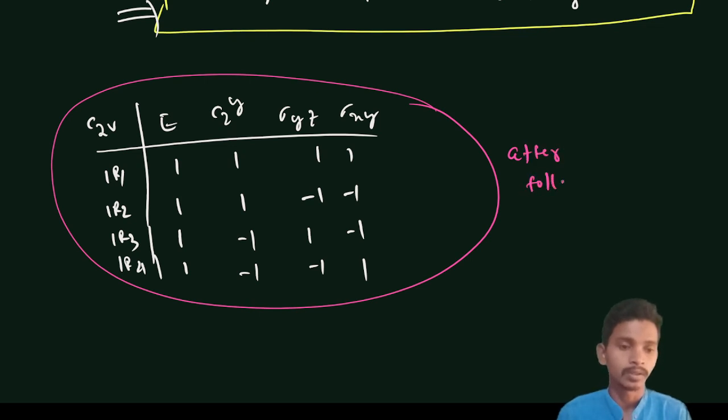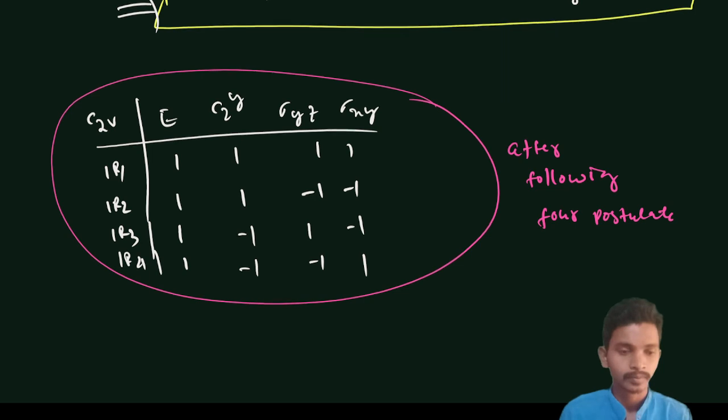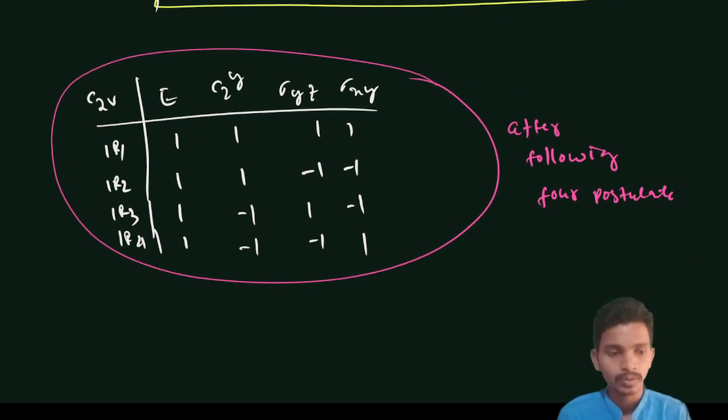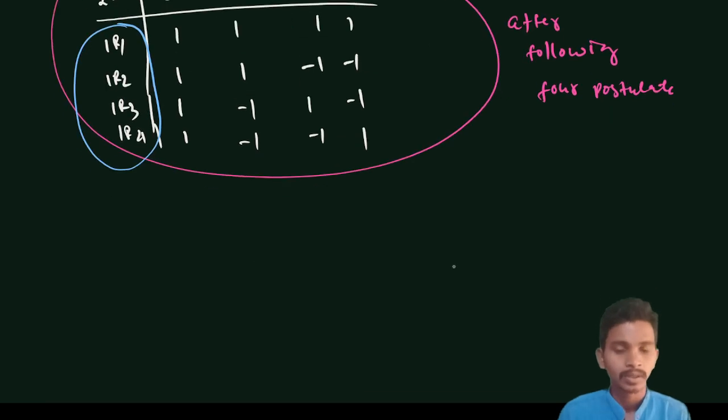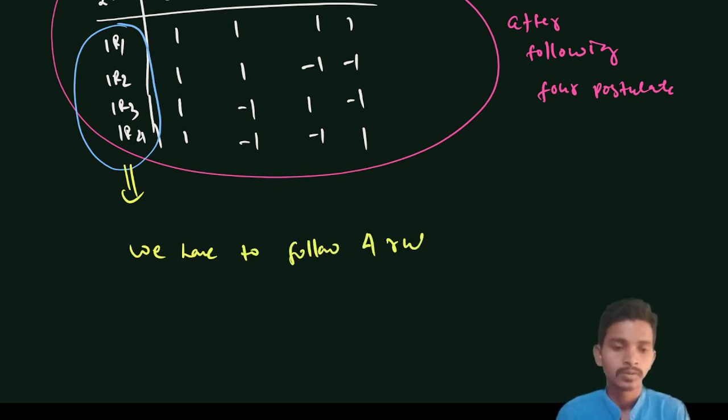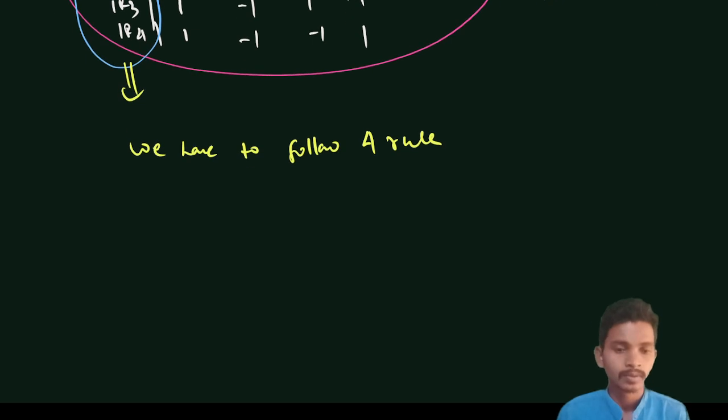These results I got after following 4 postulates. Okay, now we have these values, and this one you also have to represent. So these are the Mulliken notations of the irreducible representations. To get these, we have to follow 4 rules. Now what are the 4 rules?